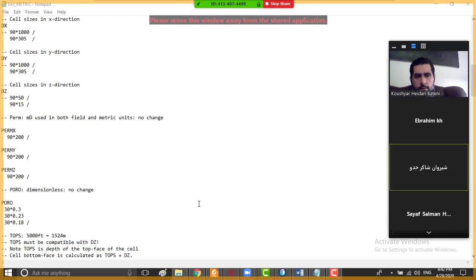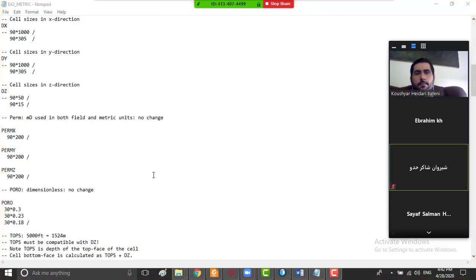Yes, Ustad. Very good. In that data file, you're gonna have to convert the units which were in field units to metric units. Okay? And you're gonna have to do that from the top of the data file till the bottom.